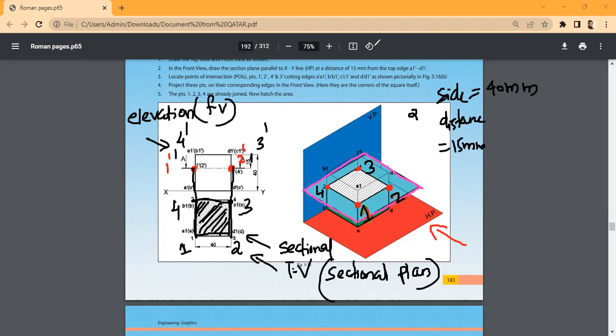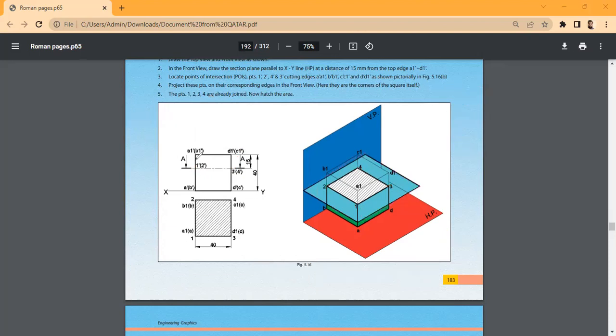Please mark this distance as 15, and this side as 40. You can mark this height also, 40. Okay, clear?